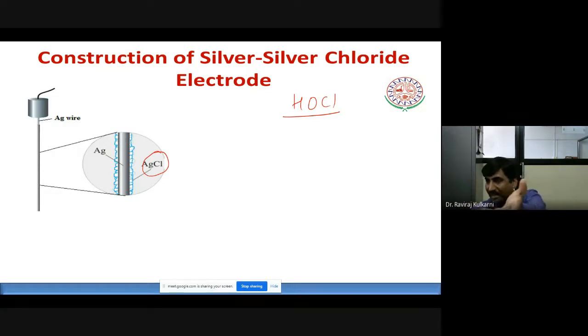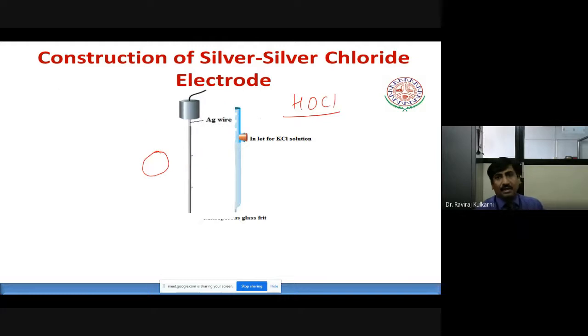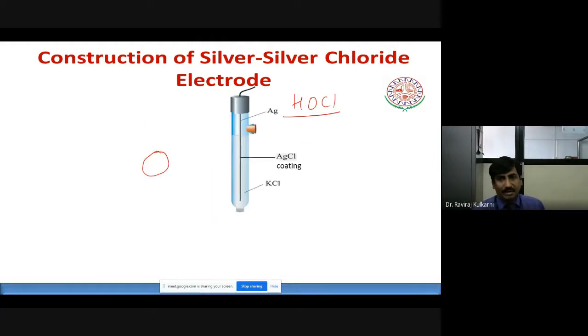You get HOCl directly. With normal bleaching powder at home, you add a small amount of HCl and you get HOCl. You can dip the silver wire in that, and you get silver coated with silver chloride, and that you dip in KCl solution.